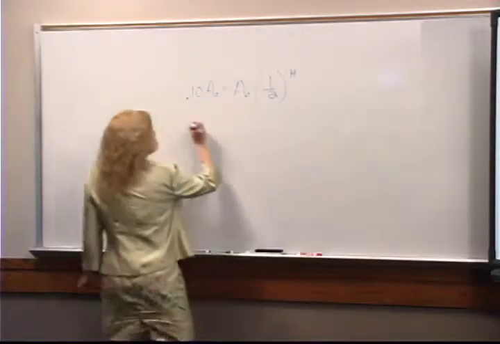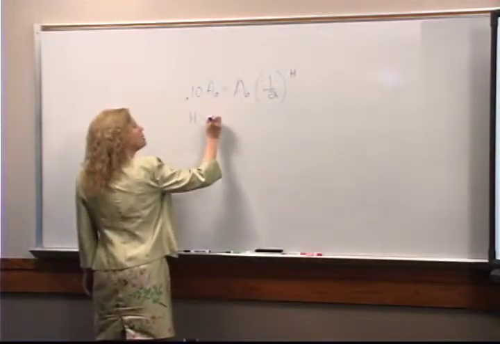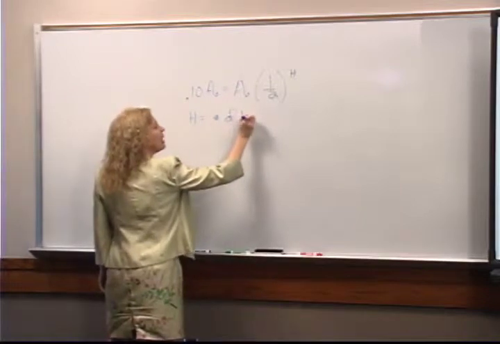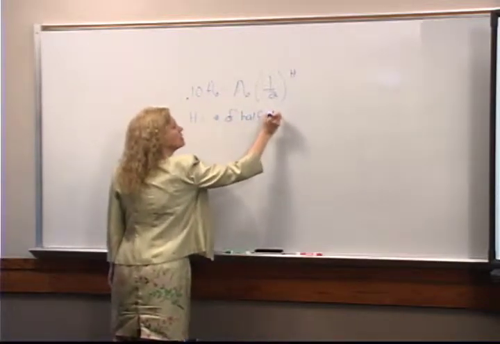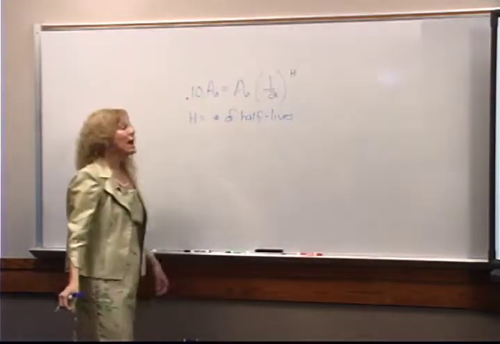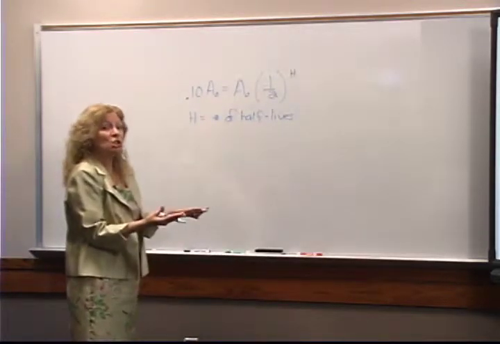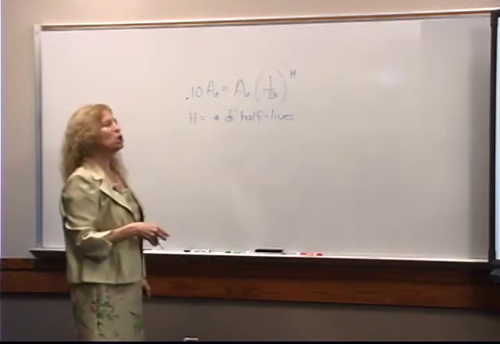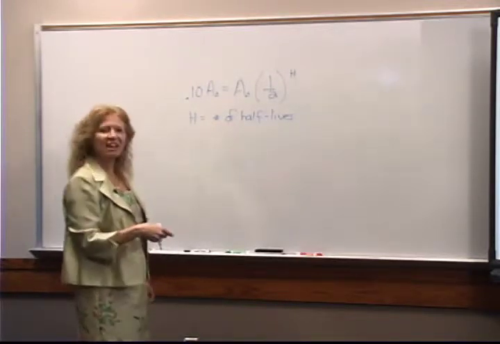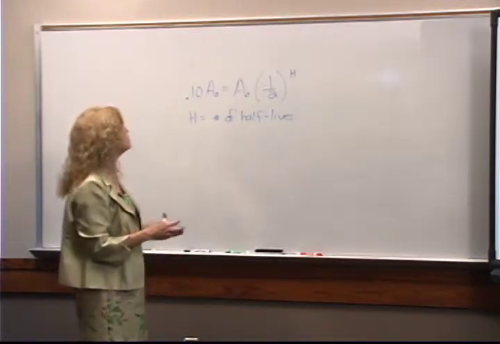H equals the number of half-lives. And then I can go ahead and solve that and find out what h is. Then I go back and say, every half-life is 25,000 years.